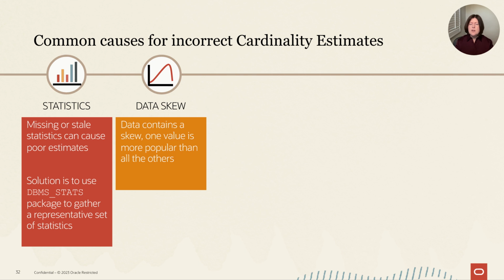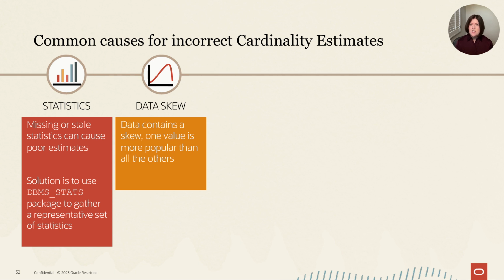And if you remember when I showed you the formula for how the cardinality estimate was calculated, you'd realize that the optimizer assumes uniform distribution of rows across the number of distinct values in a column. So if you don't have that, if you do have a data skew, then you're going to need to create a histogram to let the optimizer know about the data skew.